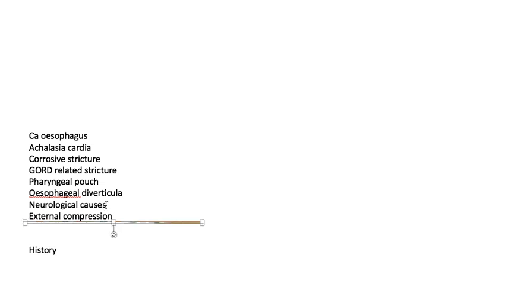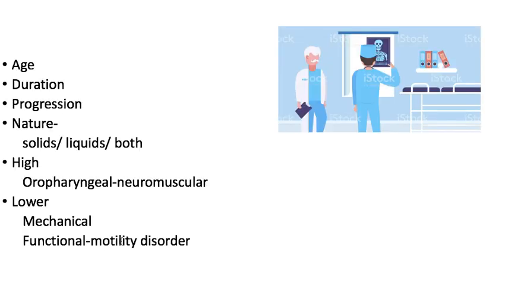So you can see many mechanical causes like esophageal corrosive strictures and all these strictures. So if it's lower, it is possible to be mechanical or also something like achalasia, the functional situations, which is a motility disorder.